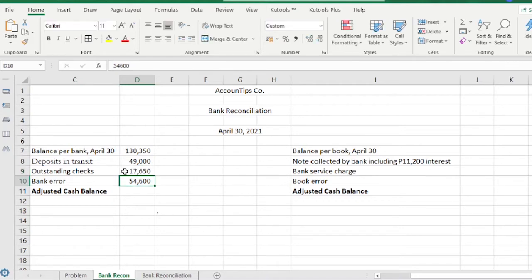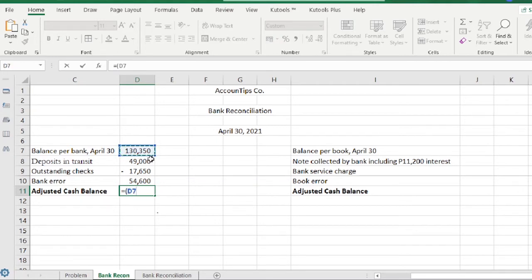Now that we already accomplished the necessary adjustments for the side of the bank, we can now compute for the adjusted cash balance for the bank. Now, to compute, first we would have to put a parenthesis and then click to the balance per bank, which is 130,350.